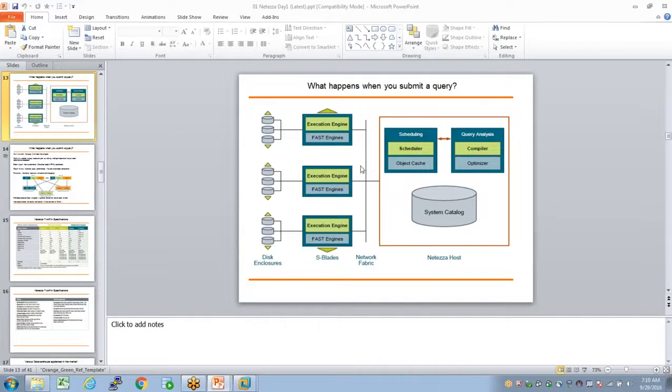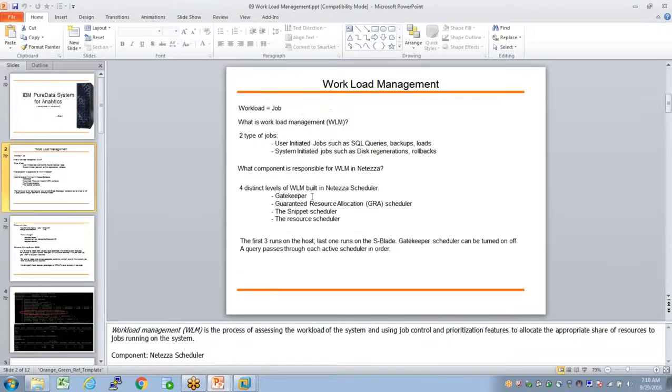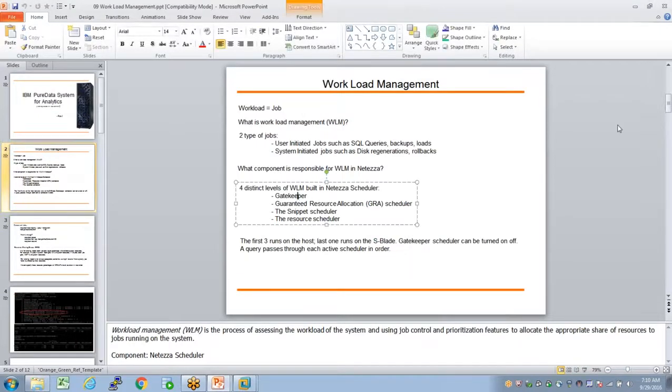So this scheduler might look like a single component, but it is not. It is four different schedulers. What are those four different schedulers we have? The first one is the gatekeeper. The second one is the GRA scheduler. The third one is the snippet scheduler. The fourth one is the resource scheduler.